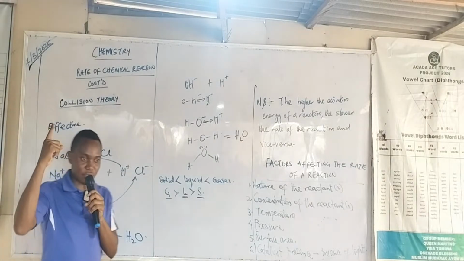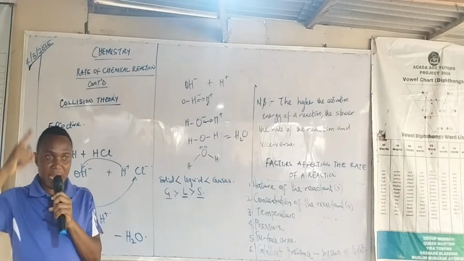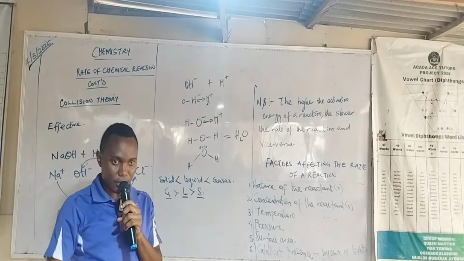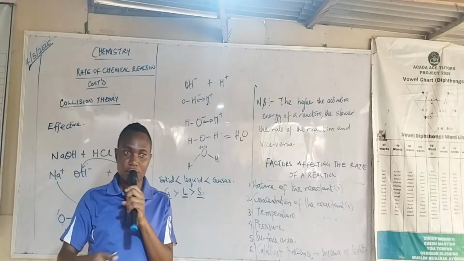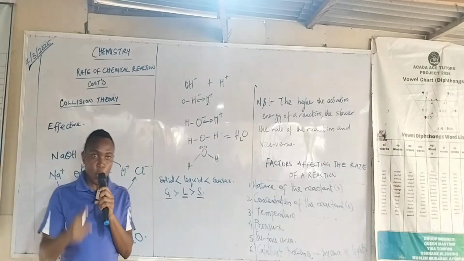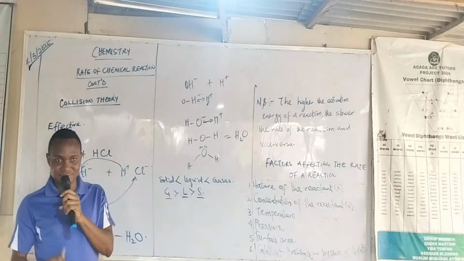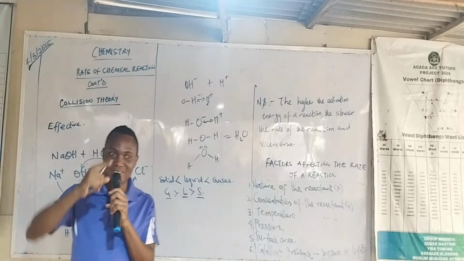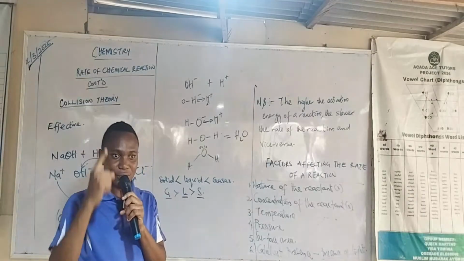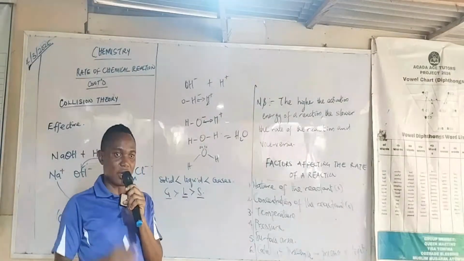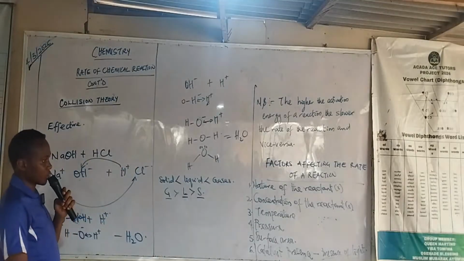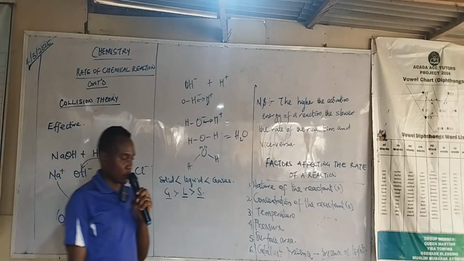The higher the concentration of reactant, the higher the rate of chemical reaction. And the lower the concentration, the slower, not lower. You understand it now? The slower the rate of what? Chemical reaction. That's it.